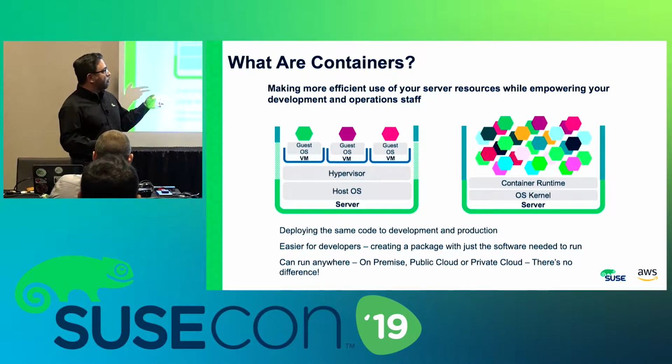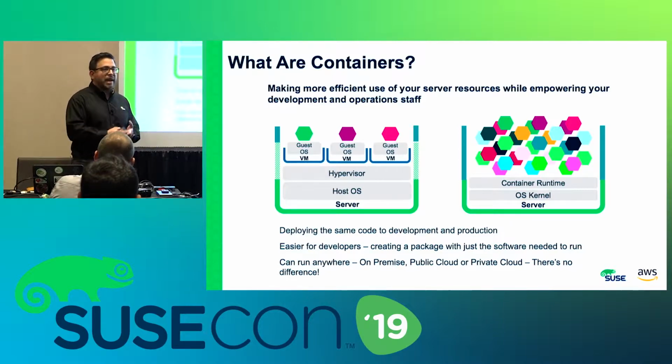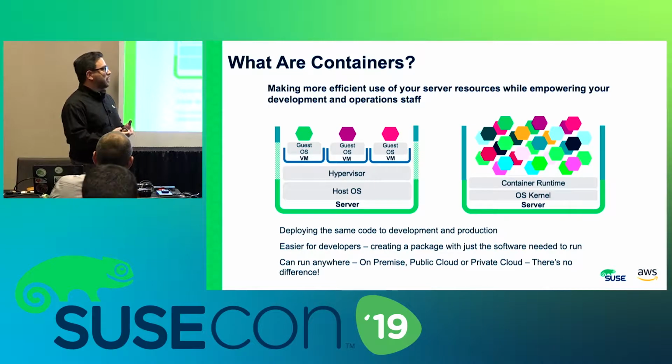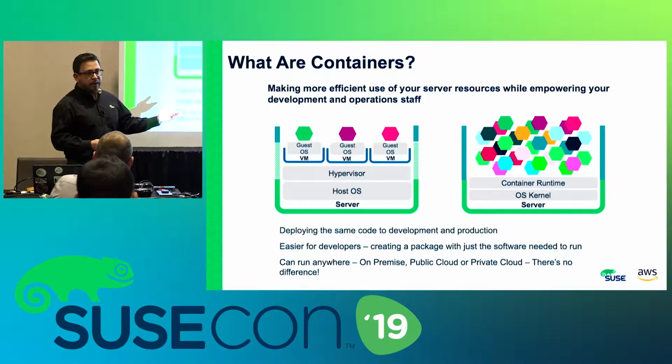With a container, you're no longer running that guest OS. It's really just the packages and libraries that are required to run that container. You can really increase the density across that system by leveraging containers. And as I said, you're eliminating those dependencies. So I can have one container that requires a specific Python version and another container with a different one on the same system without any issues.